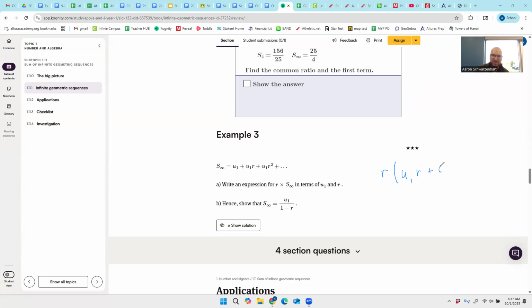What are we trying to write an expression for, r times the sum to infinity? I don't really understand what they're asking. Well, they're asking me to multiply r times s infinity, so I'm just multiplying it in, in terms of u1 and r.